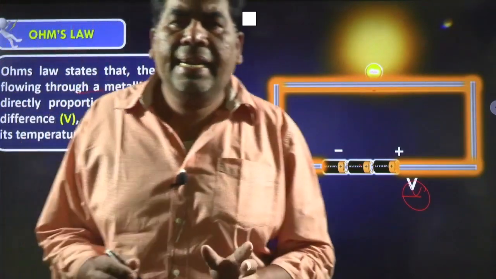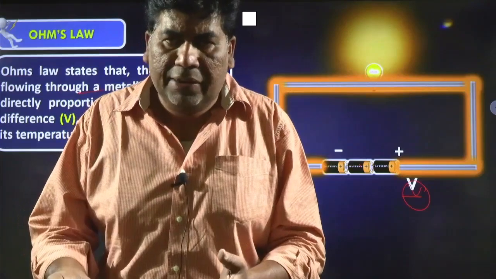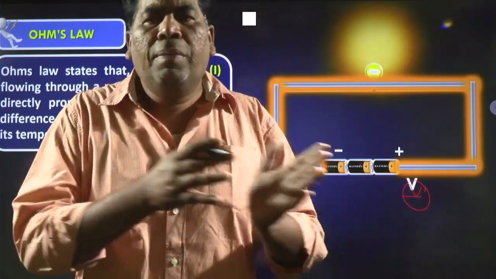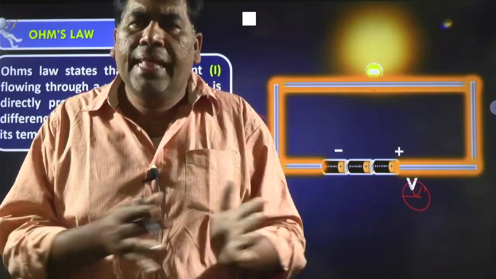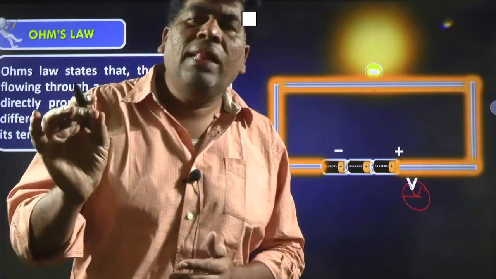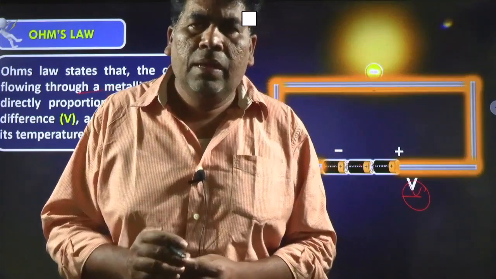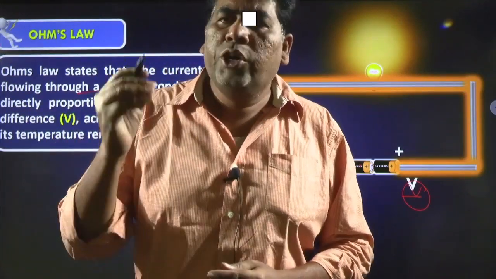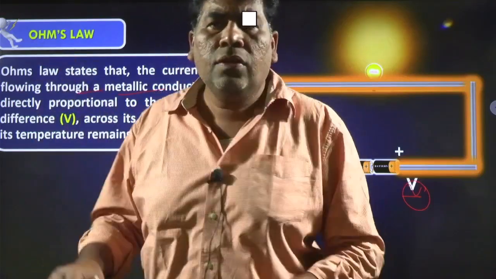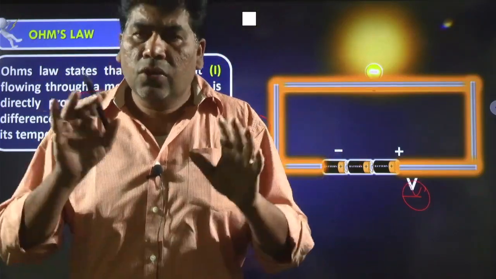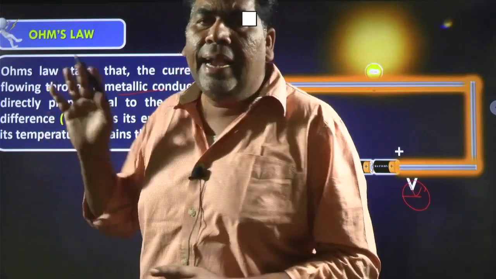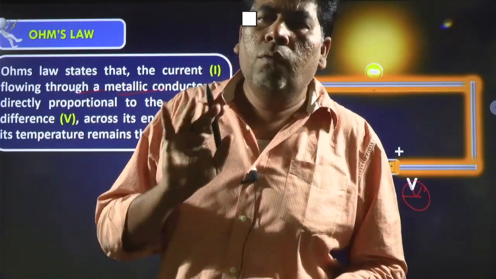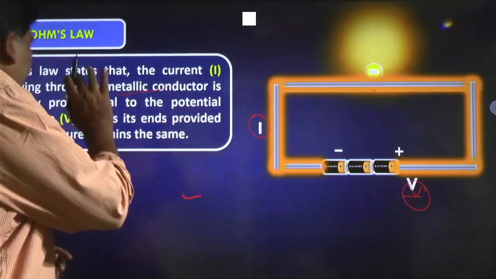If the potential difference increases, the current will also increase. But we have to keep in mind that other physical quantities like temperature, pressure and humidity in the surroundings should be constant. Under that condition, I and V are directly proportional. This is Ohm's law, children.